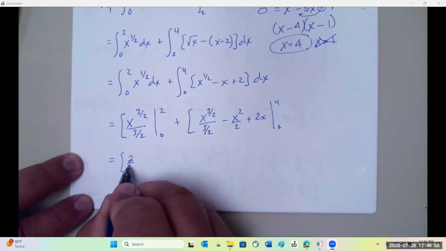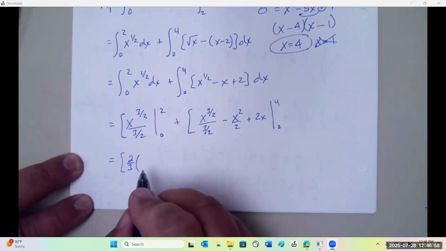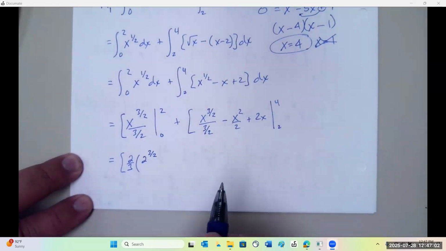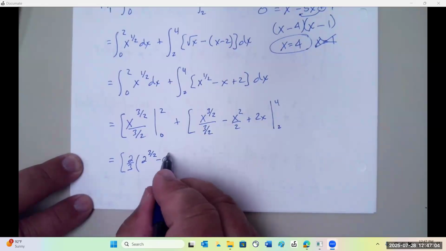You get 2/3 times 2 to the power 3/2 minus 0.